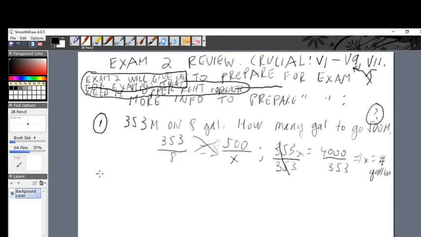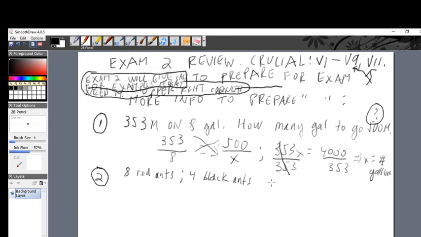Here's another example we need to prepare for exam number 2. What if there's a collection like this? Here's the list. 8 red ants. 4 black ants.